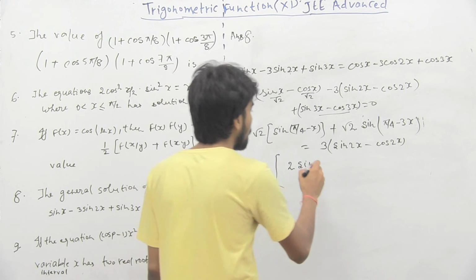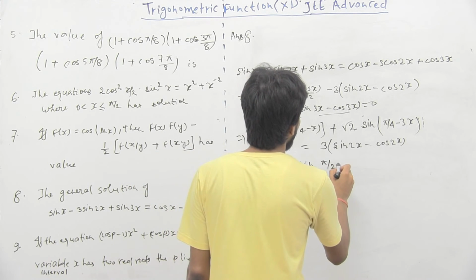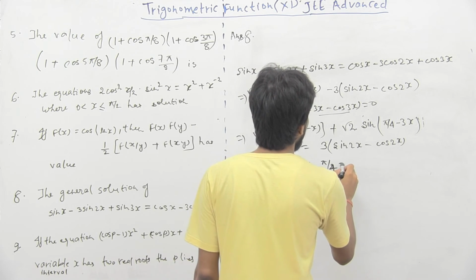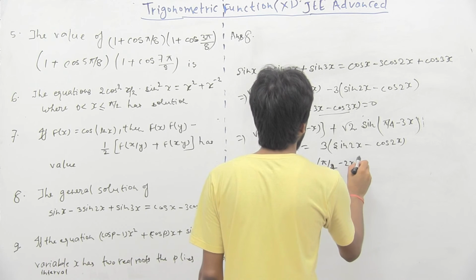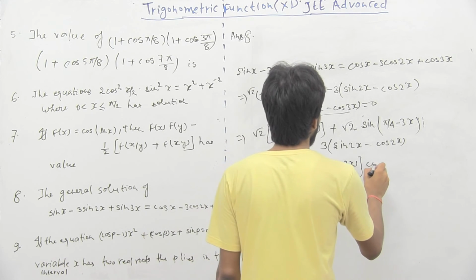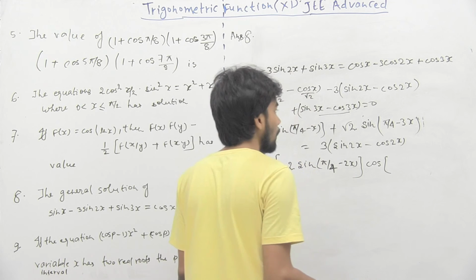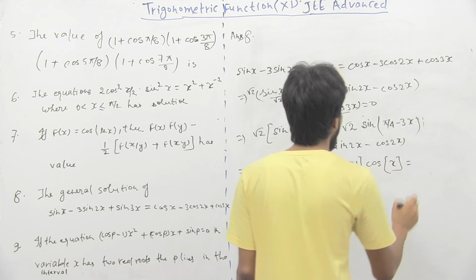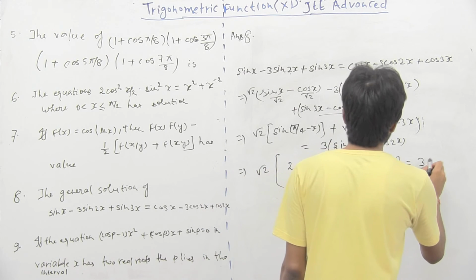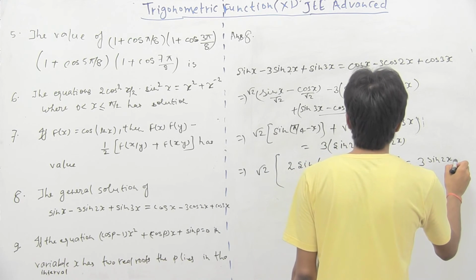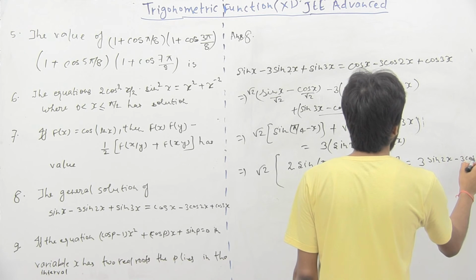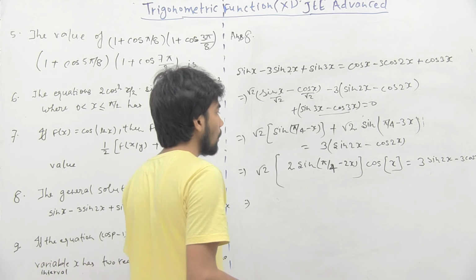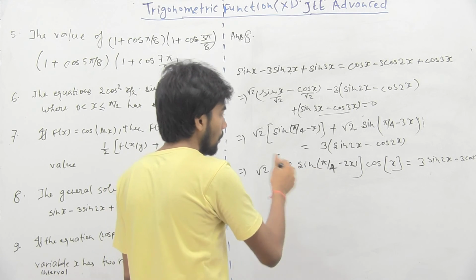(A plus B) by 2 means pi by 4 minus 2x, and A minus B means cos x. In RHS we have 3 sine 2x minus cos 2x.